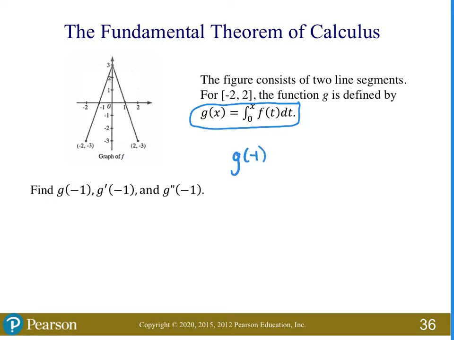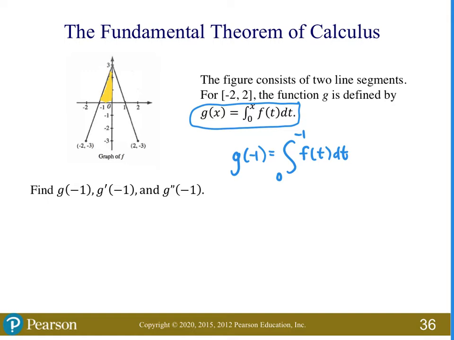So g of negative 1 would represent the accumulated area from 0 to negative 1 of f of t dt. So we're running backwards on this picture. The accumulated area from 0 to negative 1 is a triangle, but it's a backwards triangle. That means that's another way you can get negative area.